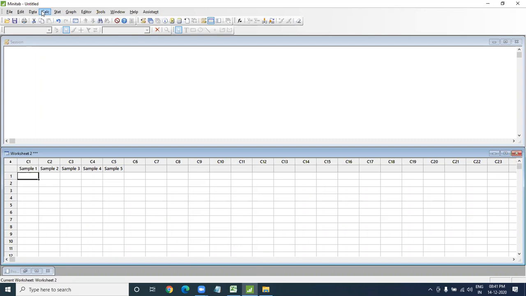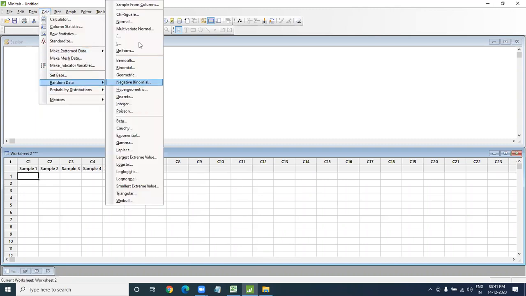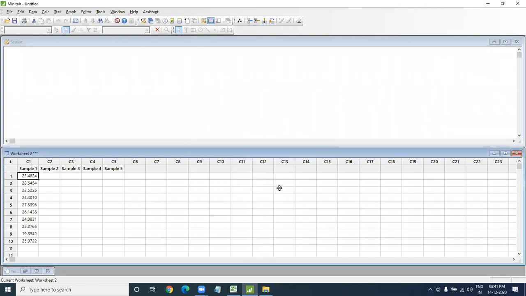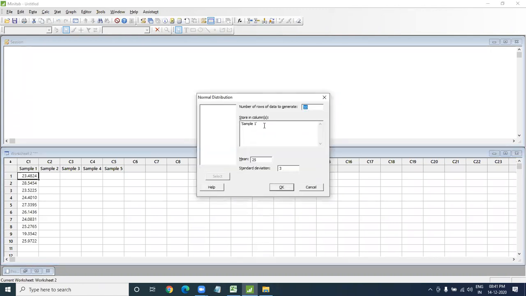So let me just quickly create some random data to show you. This is like 10 data points. I want to store it under sample, with an average of say 25 and a standard deviation of say 3. I'm just randomly putting in some values and creating some random data: 10 values, then say 100 values.